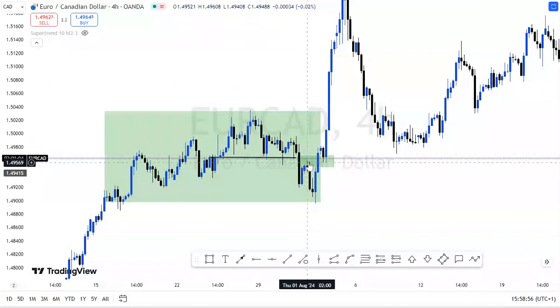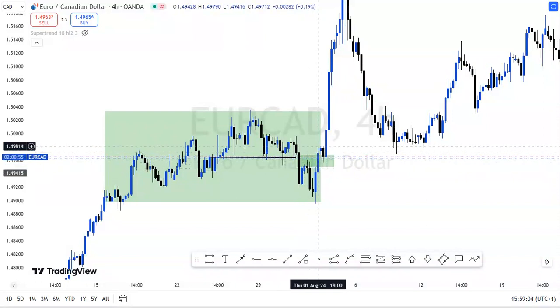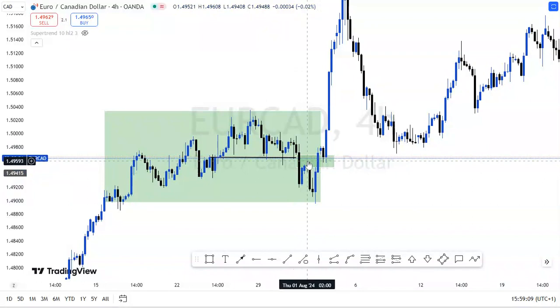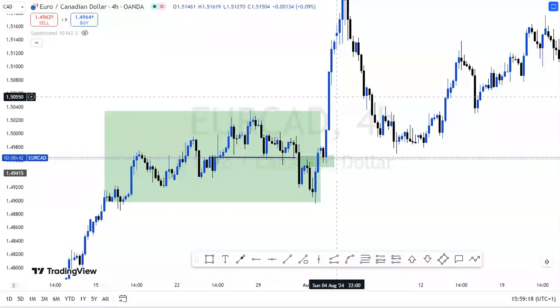Now, this high that took you out represents a new market structure, and price going above that is a break of that market structure. Then what should you do? That same fair value gap you took your trade from will now be the same fair value gap that you take a buy from. And that's an inverted fair value gap.